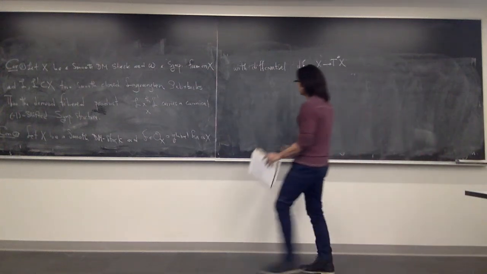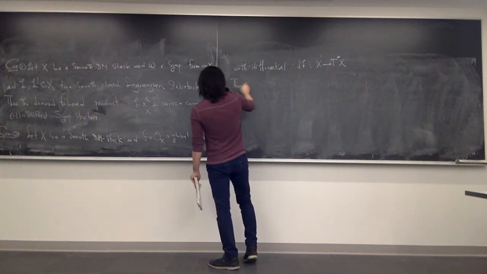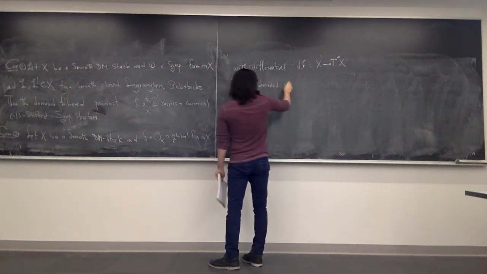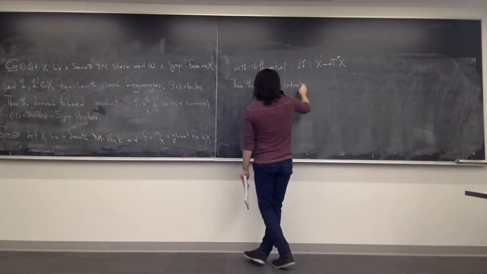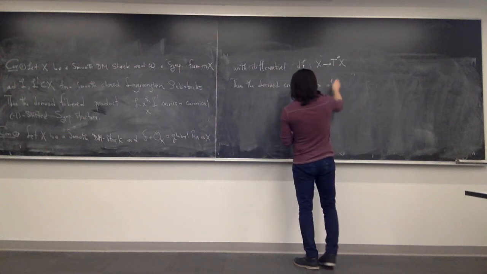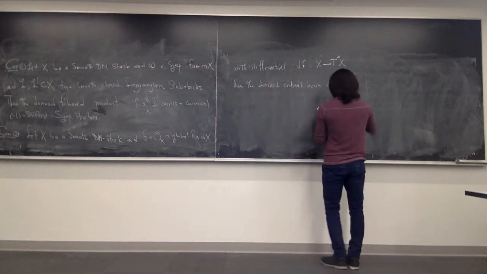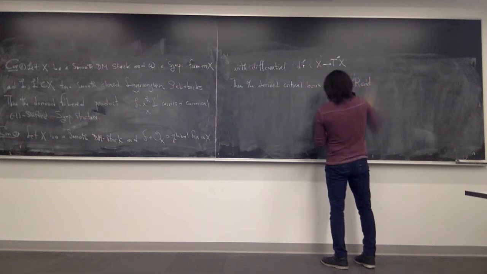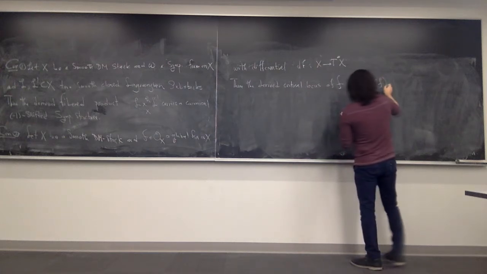then the derived critical locus of f, which is called the R critical locus. This is what we described before.